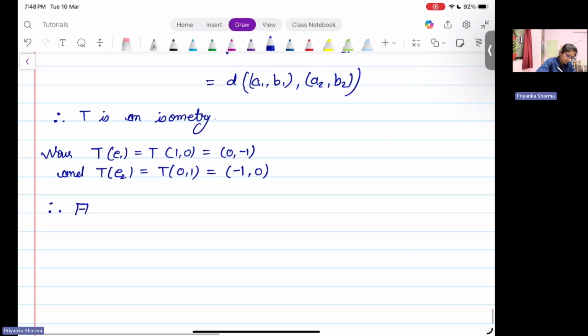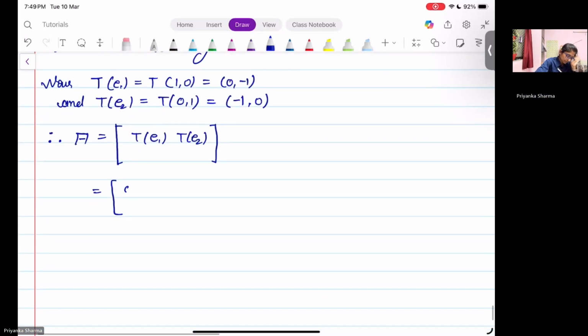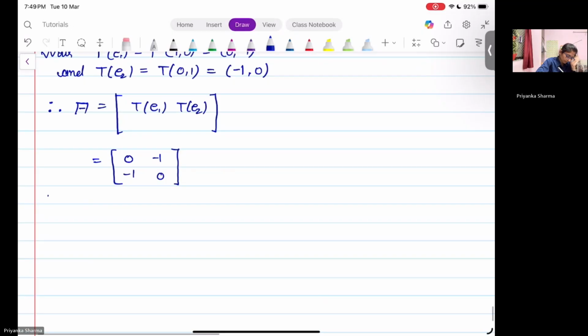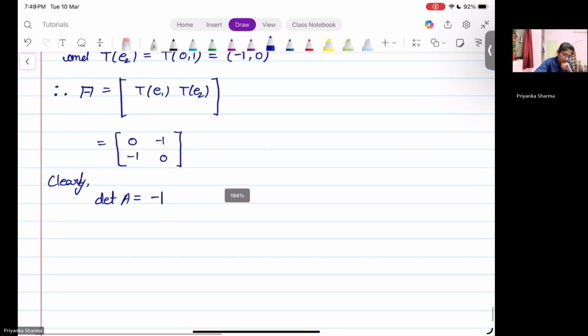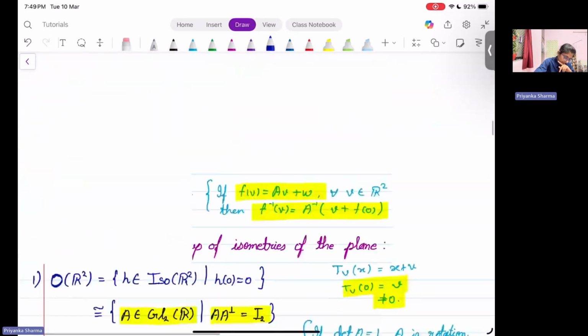Therefore, the matrix A will be T(e1), T(e2), that is 0, minus 1, minus 1, 0. We can see that the determinant of A is minus 1 this time. And this is the matrix A. Now, let's compare it with the standard form.